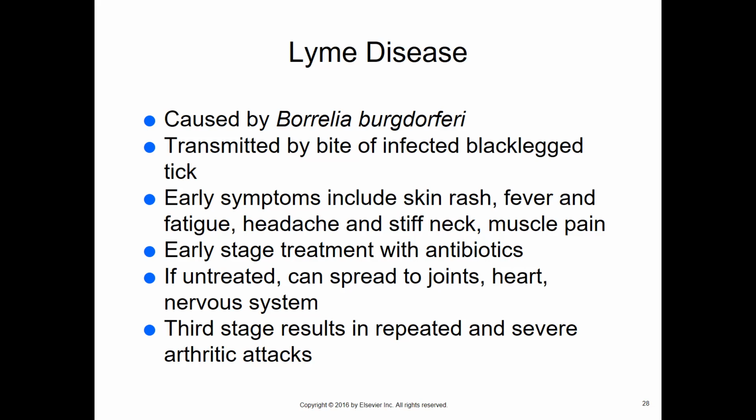The third stage occurs and may repeat itself with severe attacks of arthritis over the years. B. burgdorferi can cross the placenta and cause damage to the fetus. Once diagnosed, the disease is considered reportable for the purpose of surveillance.